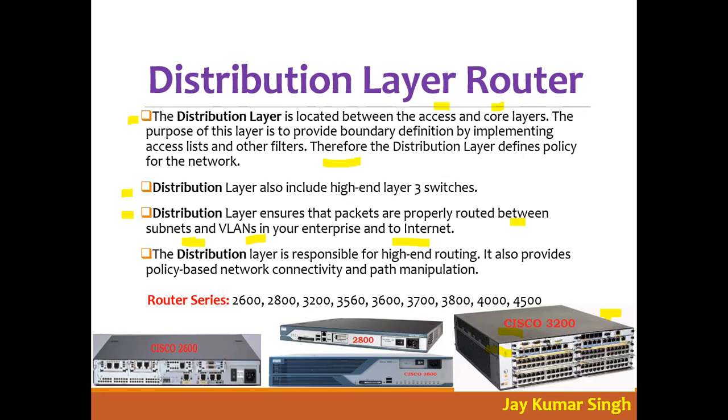It also provides policy-based routing, or policy-based network connectivity and path manipulation. Policy-based routing means that if any network or any data comes to me, I am a distribution router, and I have to forward it. In policy-based routing you can define that if you receive data from this network, you can forward it, you can block it, you can give it only 1 Mbps access, or you can give it 2 Mbps.